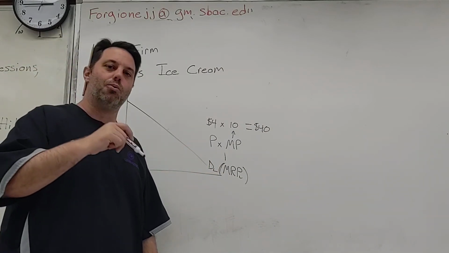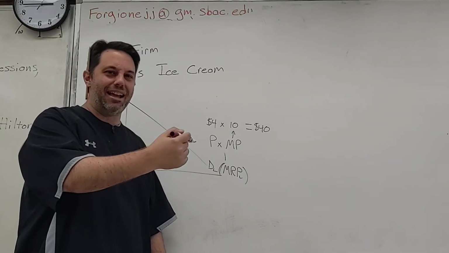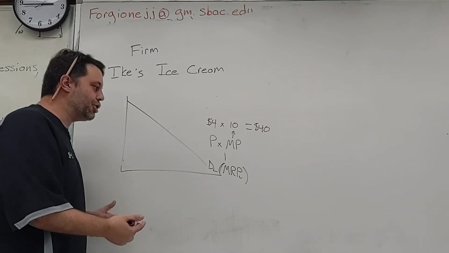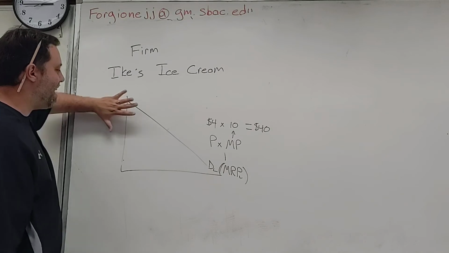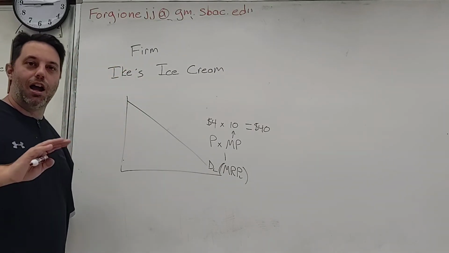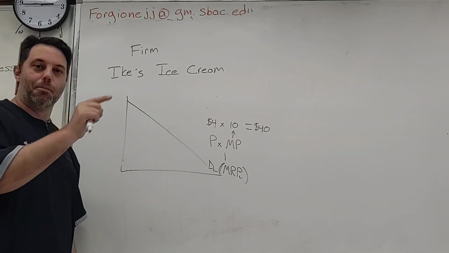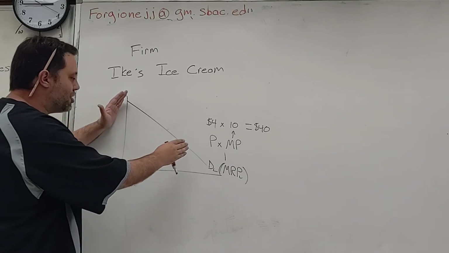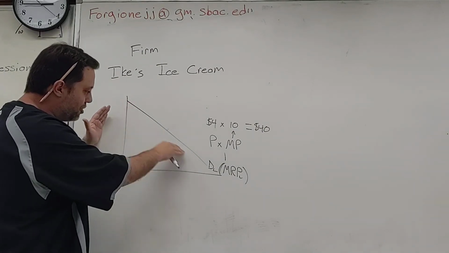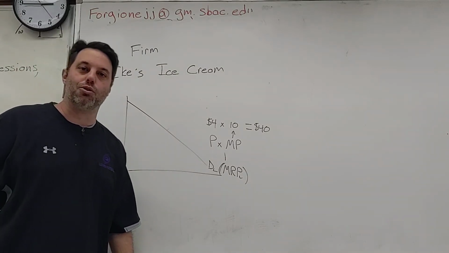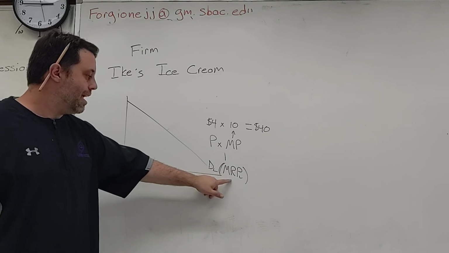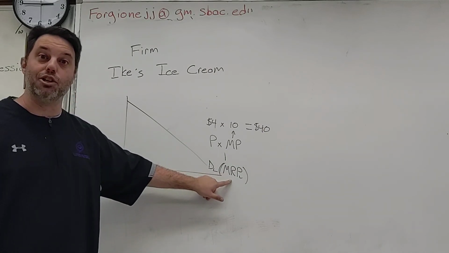We know each additional worker makes a few less cups of ice cream. So what we're doing with this graph, we're taking out the part where it was increasing, where people were making more with each worker because of specialization, and we're just looking at the downside, where diminishing marginal returns have already set in. So each worker is making a little bit less, and so their marginal revenue product of labor is going down for each worker.